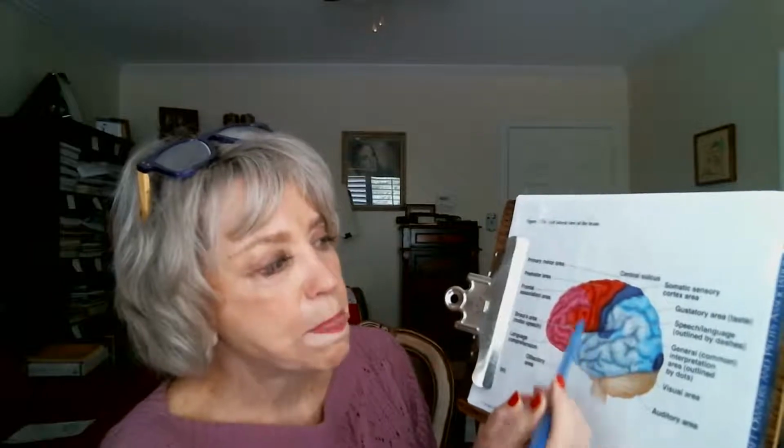Here is the lateral sulcus, which separates the frontal lobe from the temporal lobe, and the frontal lobe from the parietal lobe. The transverse fissure right here separates the cerebrum from the cerebellum. So below the lateral sulcus is the temporal lobe.